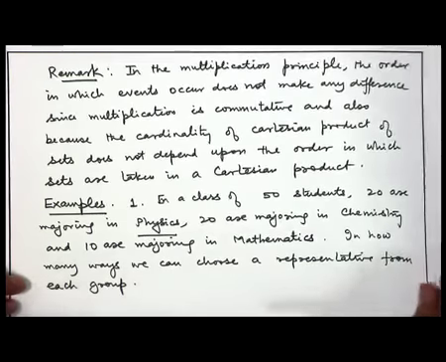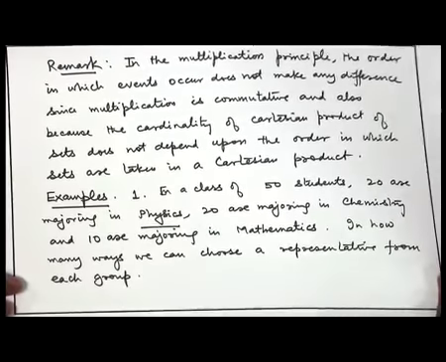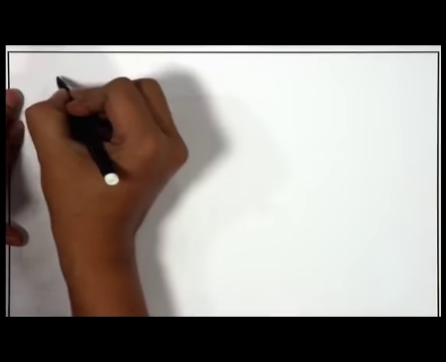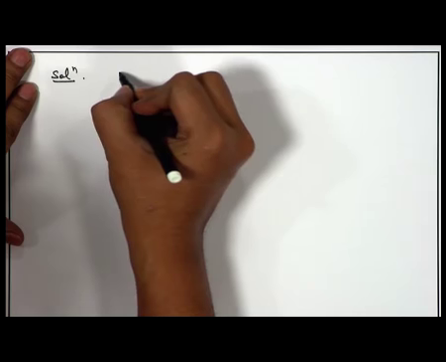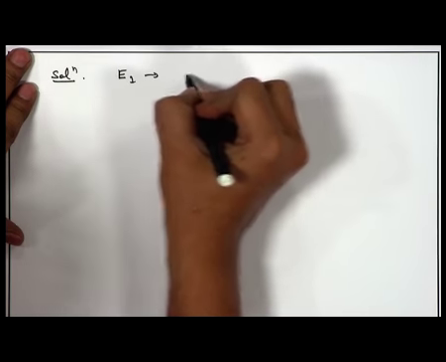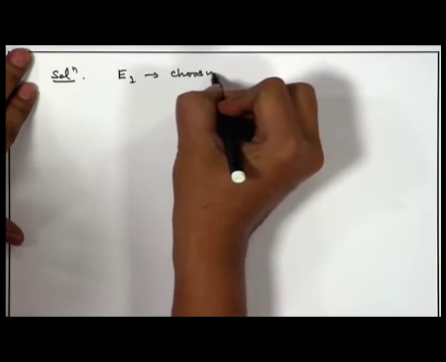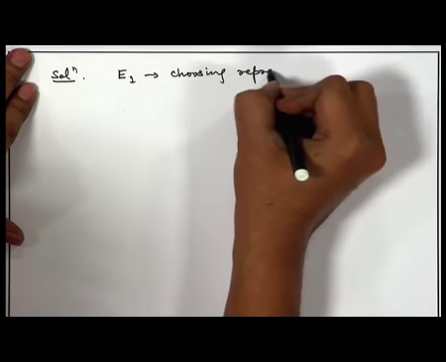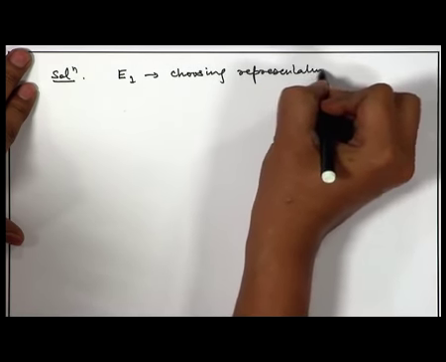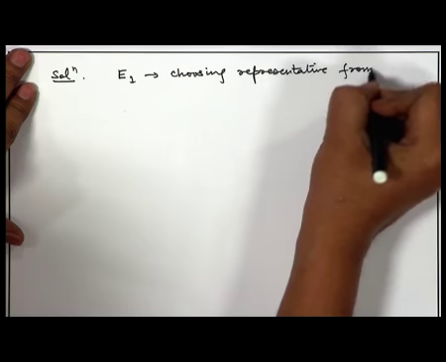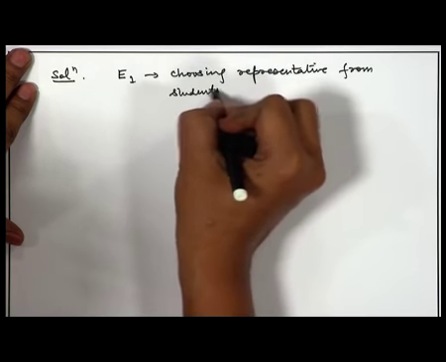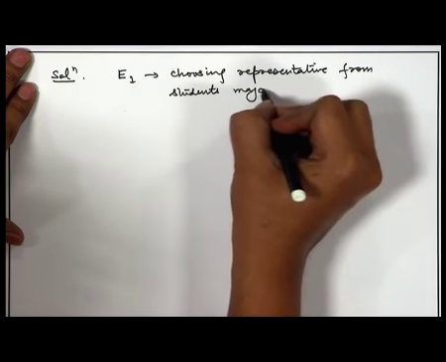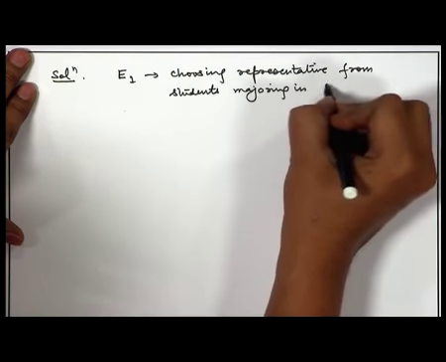In that way, if I write for physics, chemistry and mathematics, then if we use the notation, let me give you a systematic presentation here. Let us consider E1, choosing a representative from students majoring in physics.